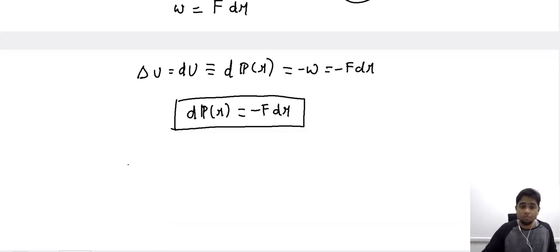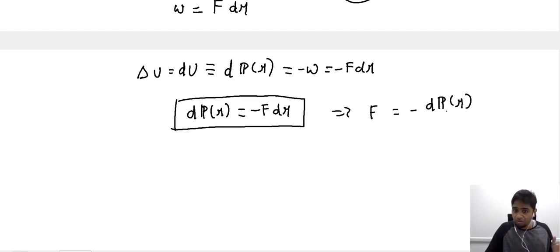What this expression yields is that when we want to consider the interatomic force instead of the interatomic potential energy, this interatomic force is nothing but minus the change in the interatomic energy with respect to the distance separating the atoms.